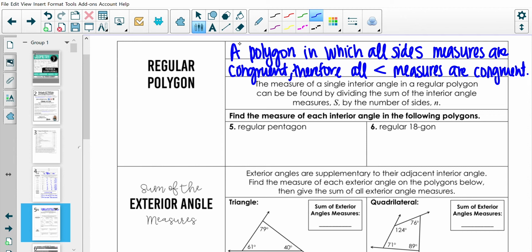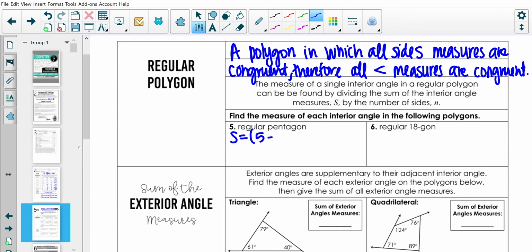Okay, so we need to find the measure of each interior angle in the following polygons. A regular pentagon. Even though we have it on the chart on the other side, we're going to use our little formula just so you have some examples of how you would do this if it wasn't on your chart. To find the interior measure of the pentagon, S equals, how many sides does a pentagon have? 5.